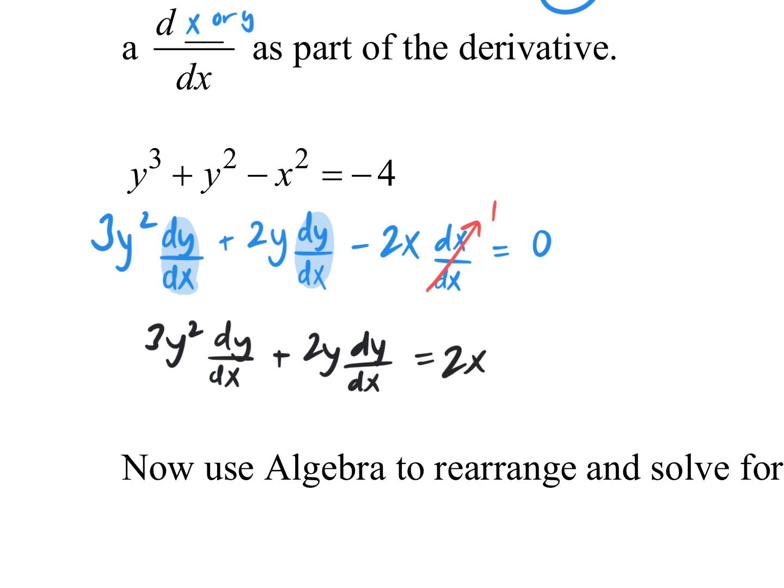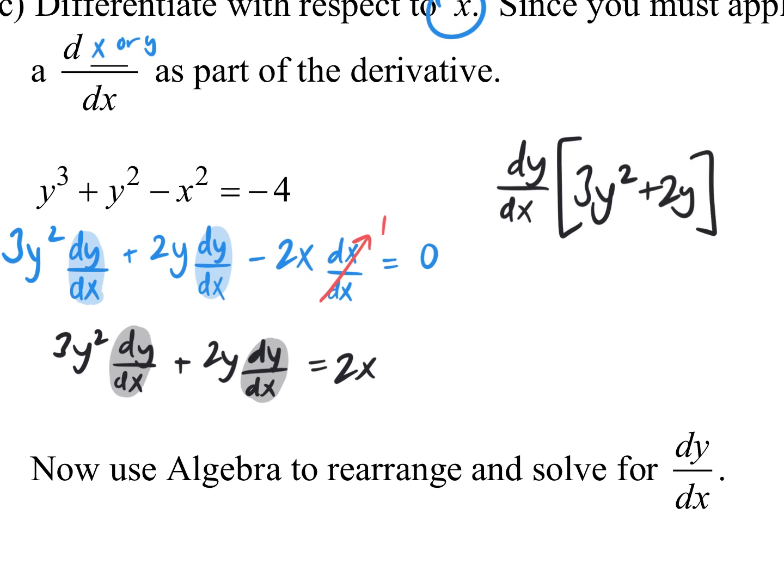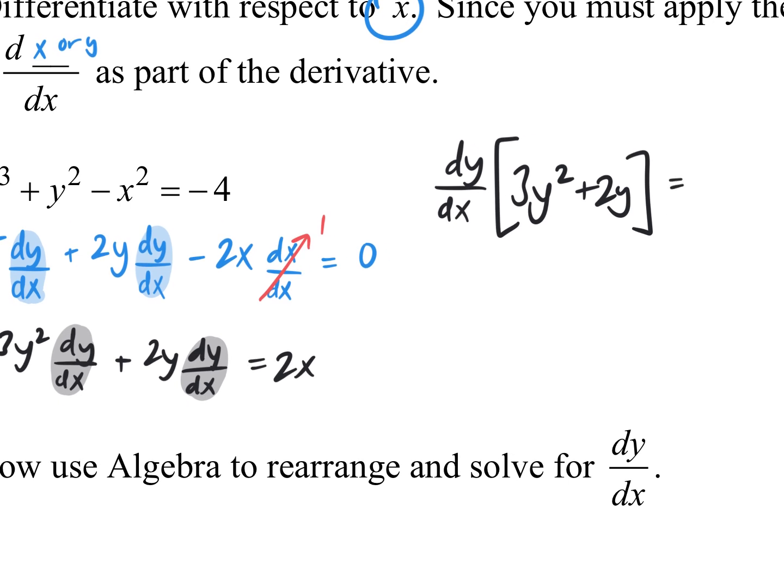Okay. So now I can take out a dy dx on the left-hand side from both of those terms. So now I'm left with dy dx times 3y squared plus 2y. Are we okay with how I pulled that out? And then that just equals 2x on the other side.